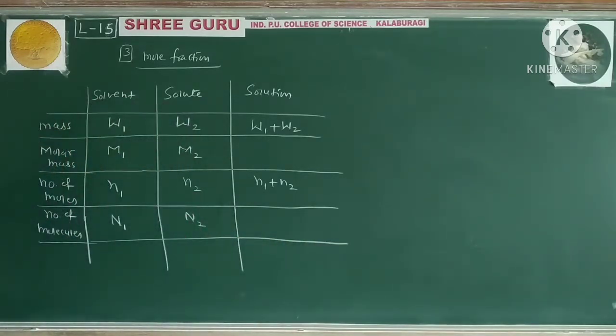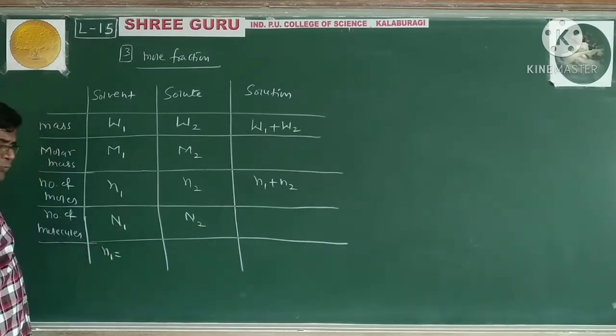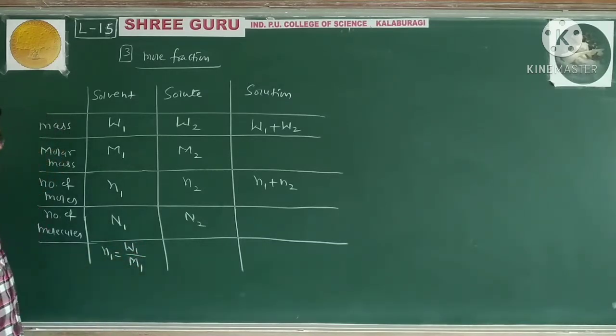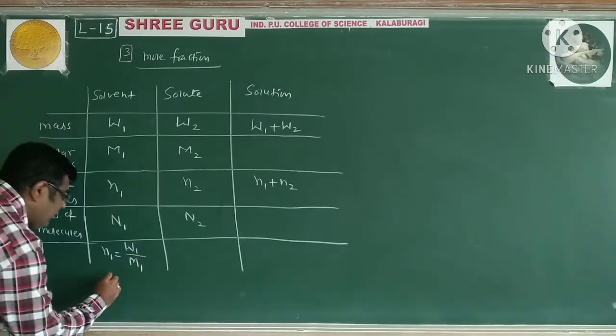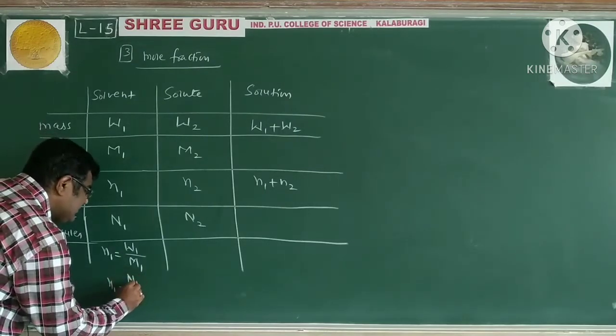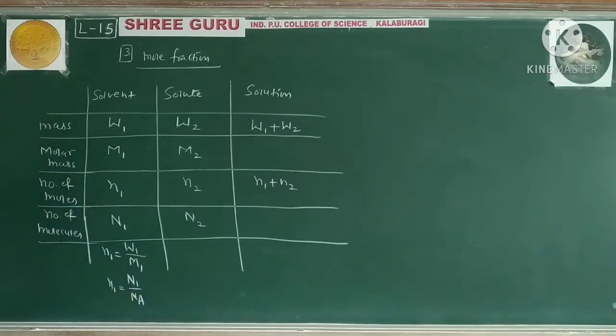So you can say that n1 equals either W1 by M1, or n1 equals number of molecules N1 by Avogadro number. This is constant.